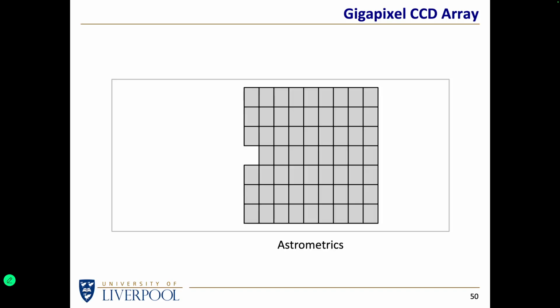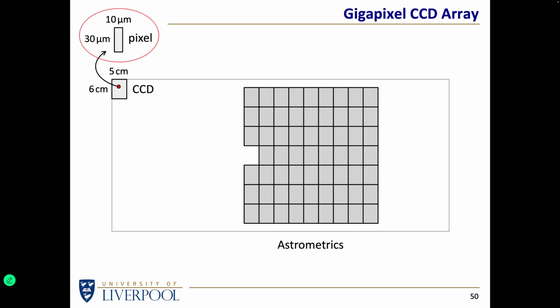Let's have a closer look at the array of CCDs. There's a whole batch of them in the middle that are responsible for astrometrics, meaning timing the time at which a star hits each of those pixels or each of those detectors. Each of those CCDs is about 5 by 6 centimeters, and each of them contains rectangular pixels.